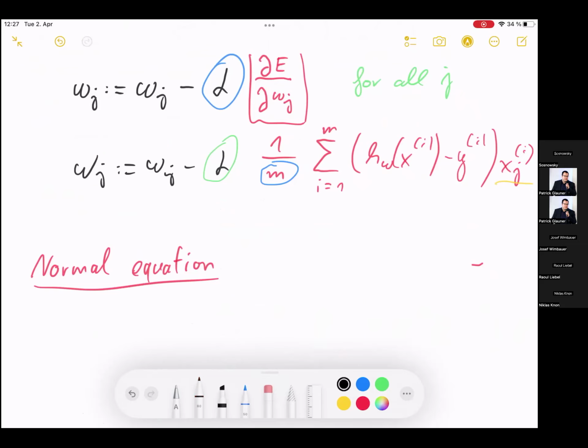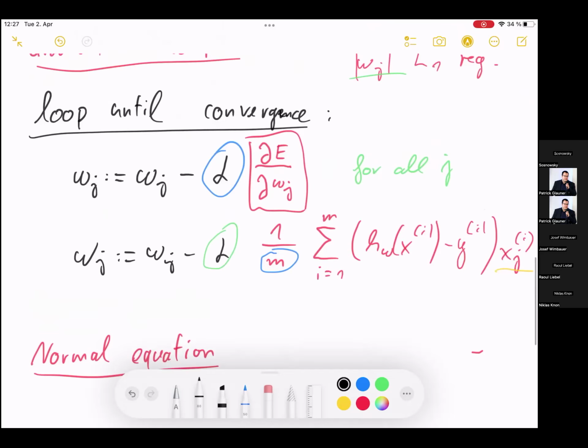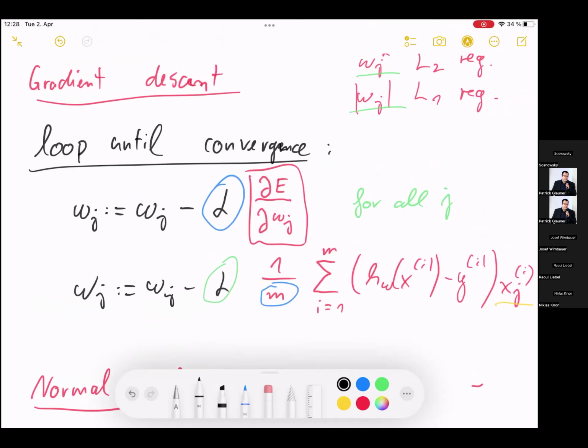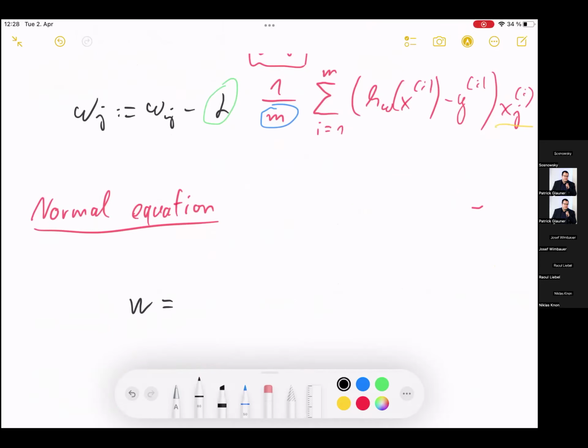I have my weight vector, and I can find it through this gradient descent approach, which is a numerical method. But the normal equation is a closed form solution, and I'll write it out, and then I'll show you what it does. So I have X, which is my input matrix.